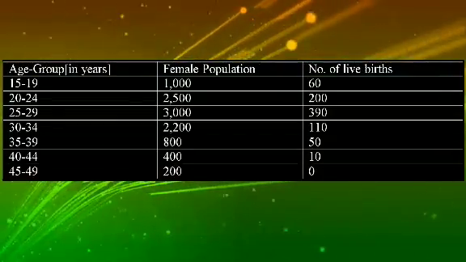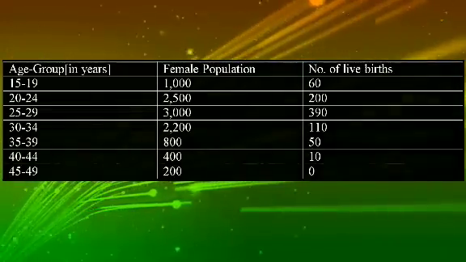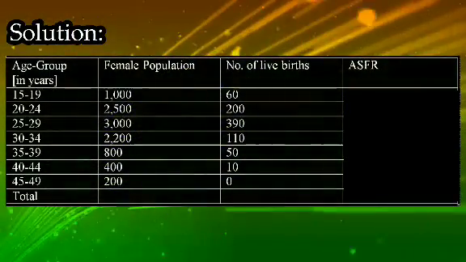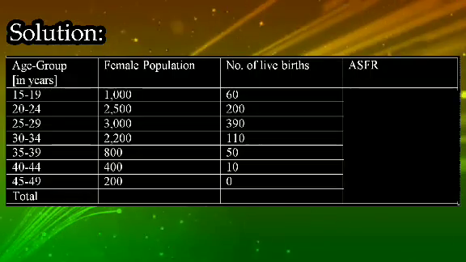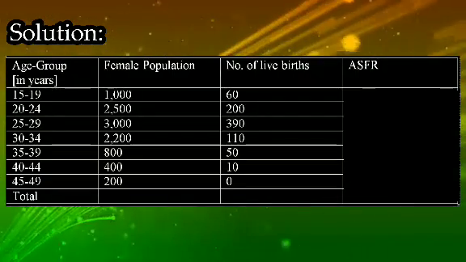Now, as we all know that TFR is calculated based on the ASFR values. So, in the solution part, draw the table, include one more column to find the ASFR values. Since you are finding ASFR, first write ASFR formula.